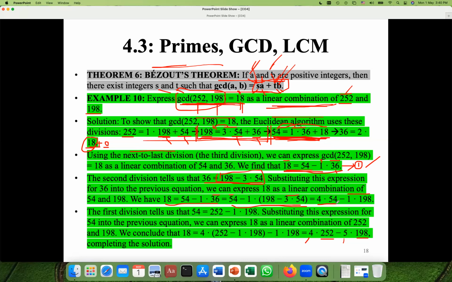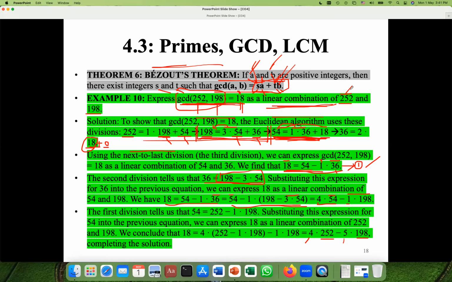You don't have to calculate the final result. We need coefficients, so keep it as it is. We need S and T. So now if this is A, we have this S, and if this is B, we have this T. But we have to find these coefficients not for 54 and 198.